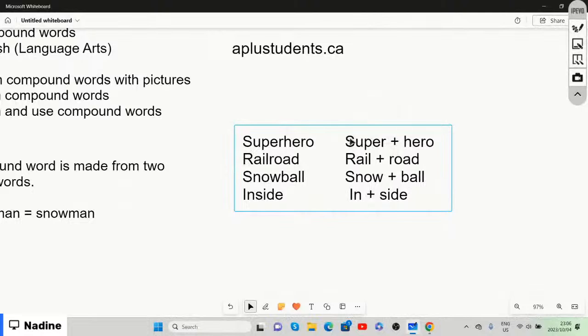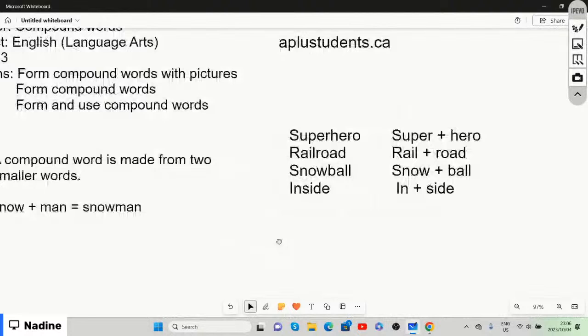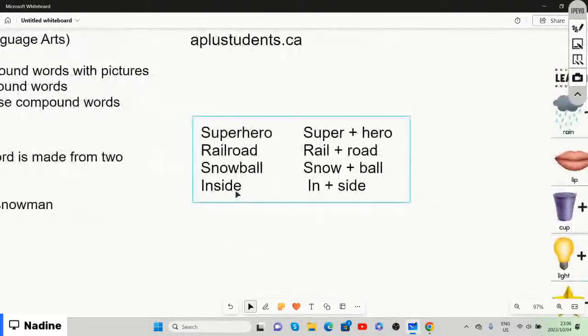And then we have railroad. Rail plus road, and that is railroad, right? So that is compound words. It is two smaller words that we put together, and then we make another word.